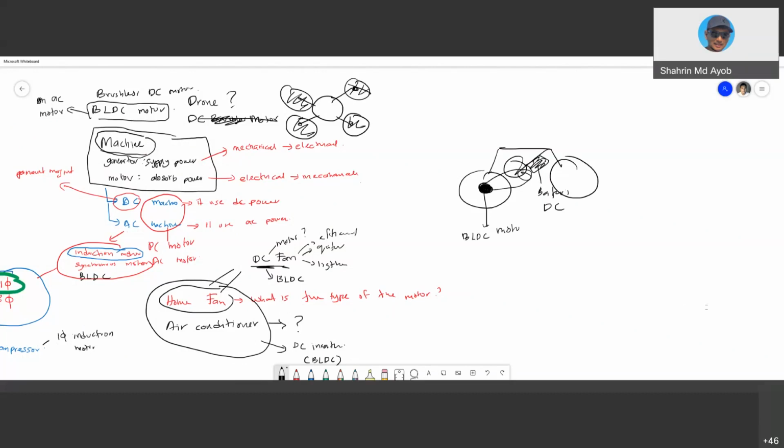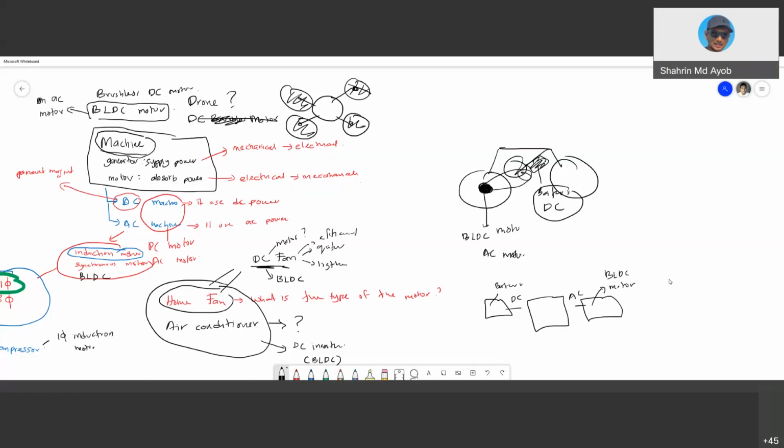One of our friends asked me, why is this an AC motor when the supply is DC? It doesn't match. But if you look carefully inside that system, we have the battery and then the BLDC motor, which requires AC, while the battery outputs DC.